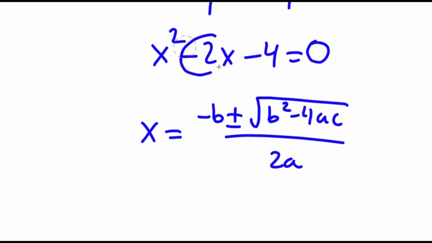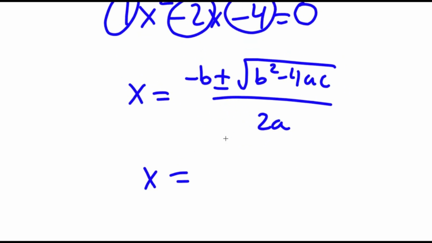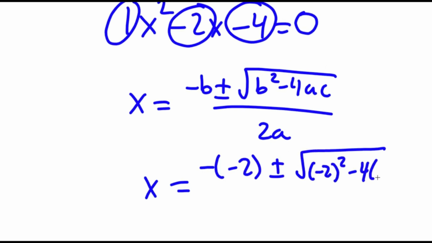So in this case, b is -2, a is 1, and c is -4. So I have x is equal to -2 plus or minus the square root of b squared, so -2 squared minus 4 times a, which is 1, times c, which is -4.